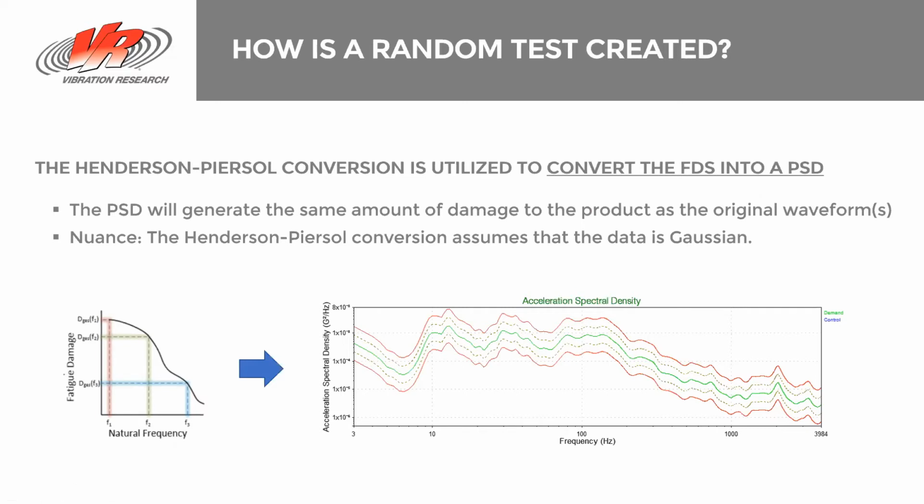So that allows us to take all of those time history files from multiple environments, calculate how much damage is inside of those, and then create a random test that simulates that amount of damage, or that accelerates the test and applies a certain amount of damage in less time. Okay?